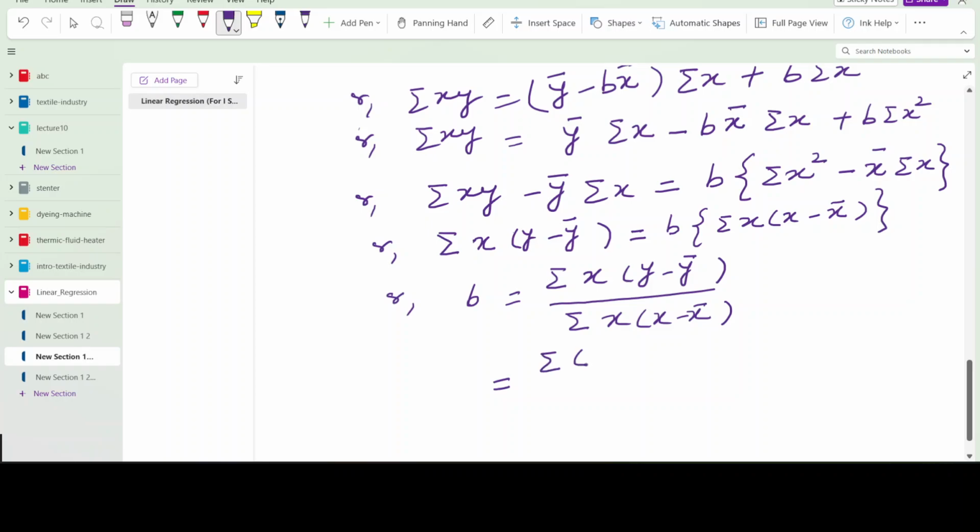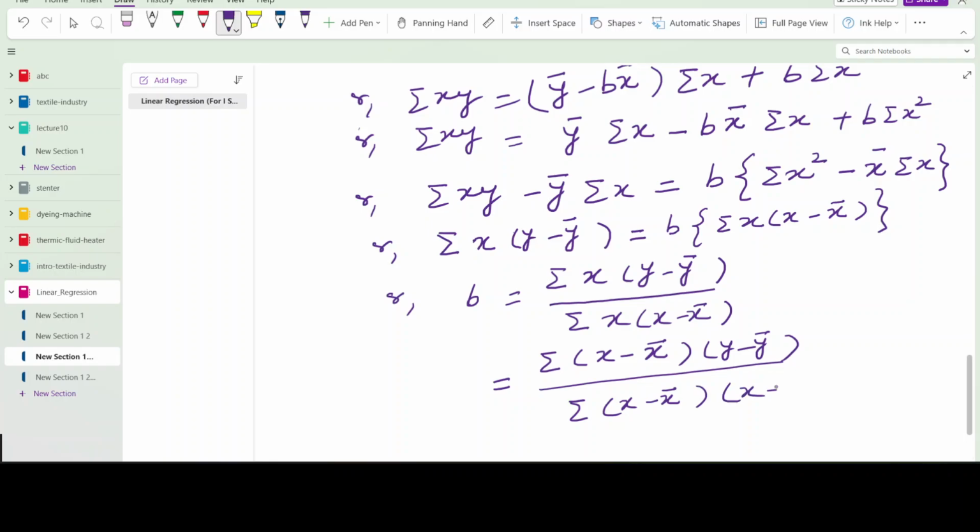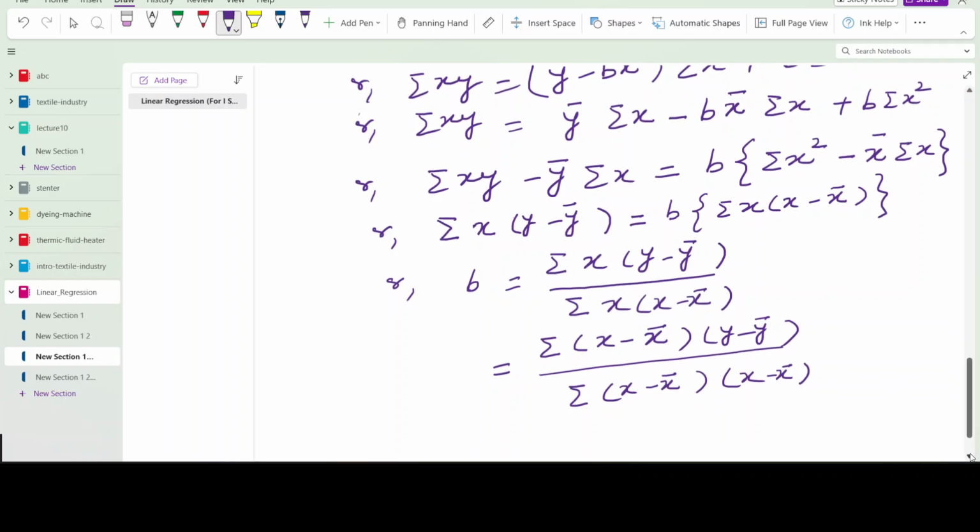We can write it as sigma (x minus x bar)(y minus y bar). You may ask why.